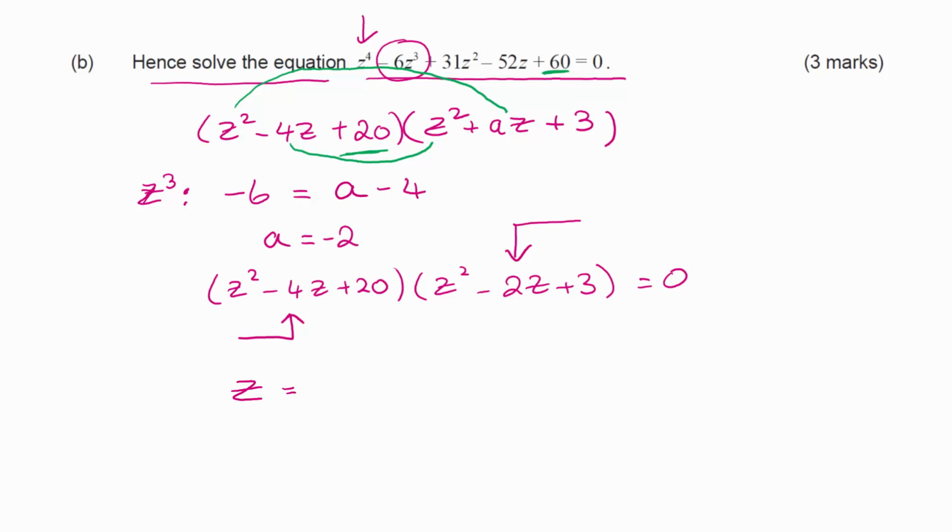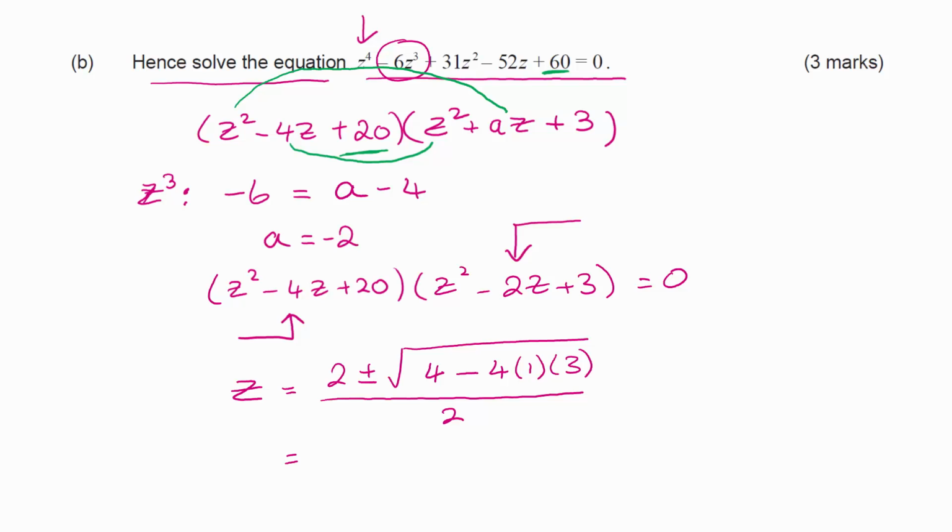So z would be 2 plus or minus the square root of 4 minus 4 times 1 times 3, all over 2.